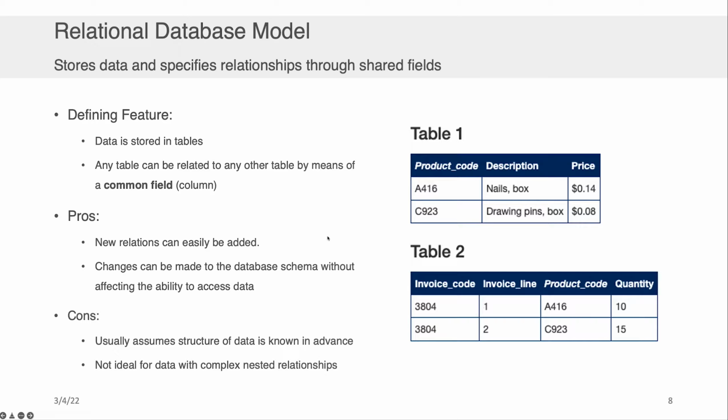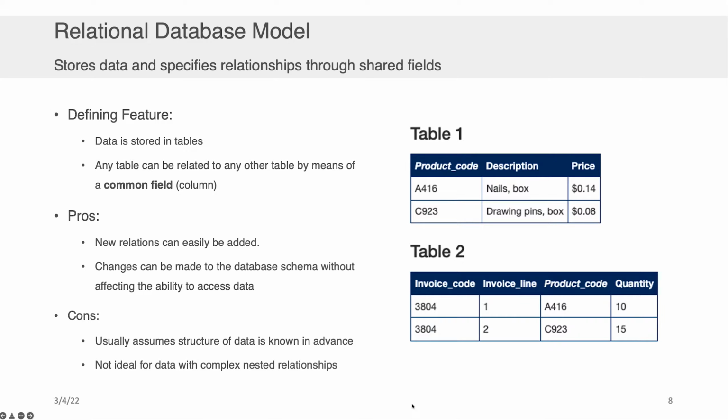Okay. So the pros of this kind of structure, the relational database model, is that you can add new relations very easily. If, for example, I had some auxiliary information on, I don't know, discounts that I wanted to add, all I would need to do is create a new table, maybe table 3. I could include the invoice code in that table and include some information about discounts, right? And so I wouldn't even need to modify table 2.